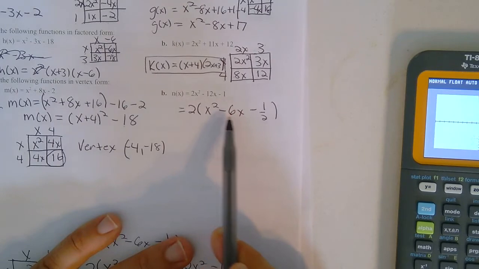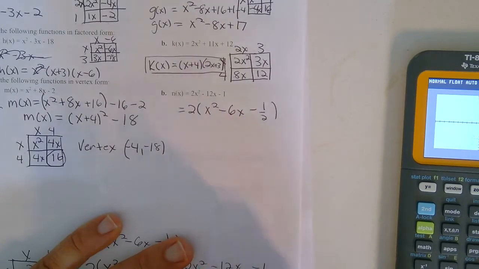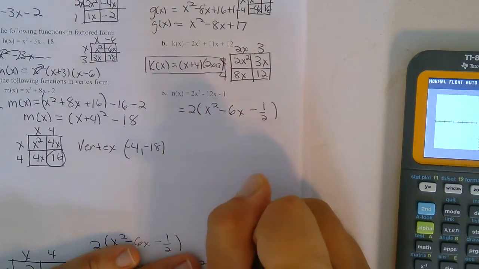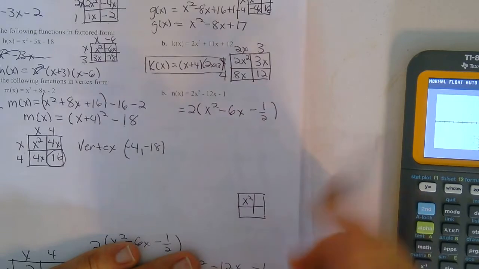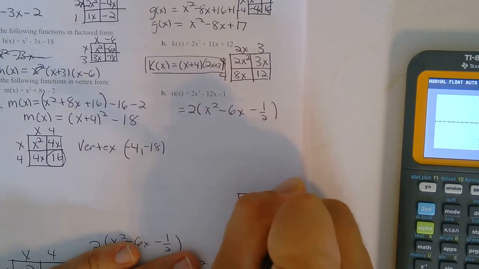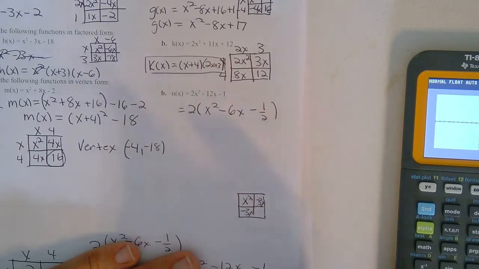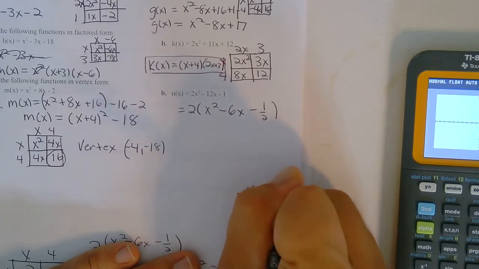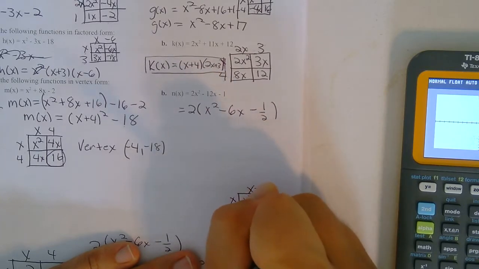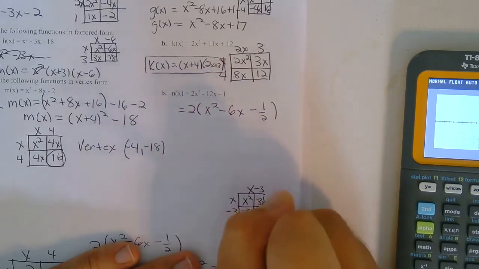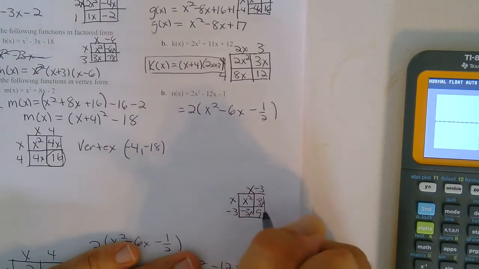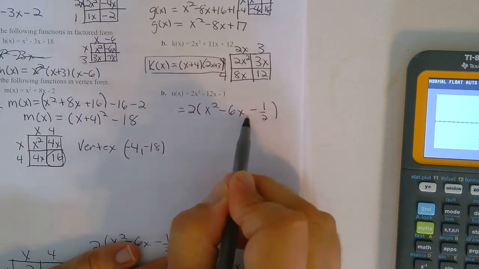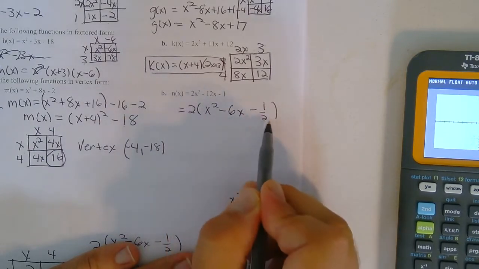So then from here, to make this a perfect square, we're going to think about having x squared, and then I take my negative 6x and I split it up into negative 3x and negative 3x. So this would be x minus 3 and x minus 3. And then this would become positive 9.